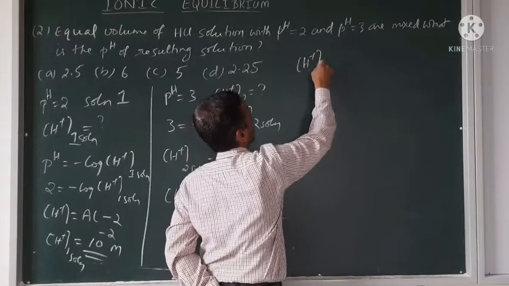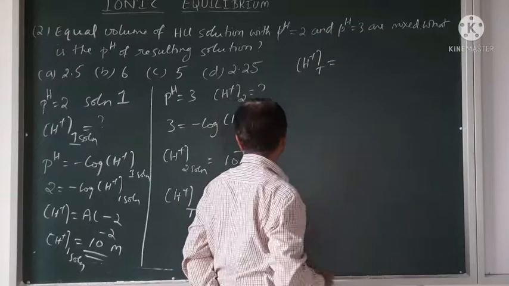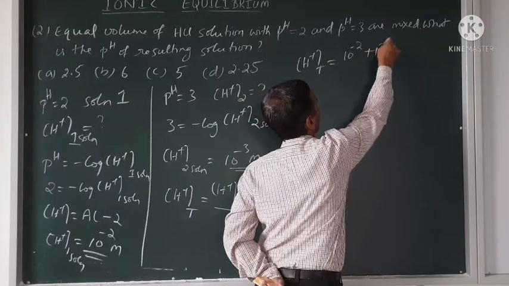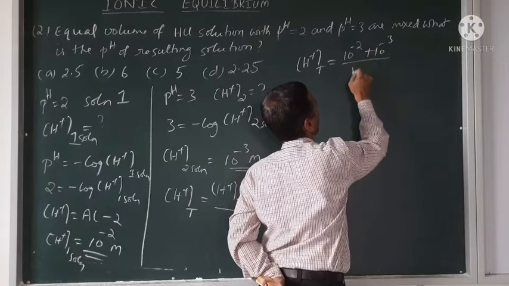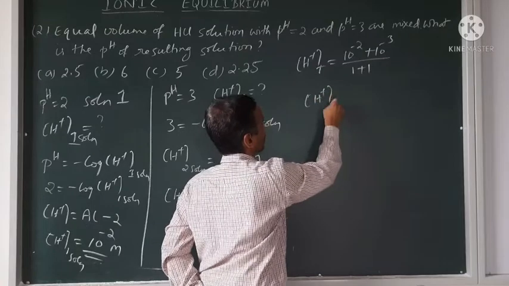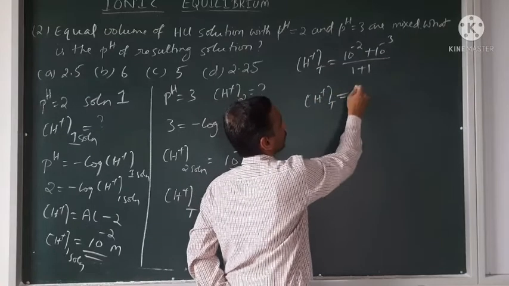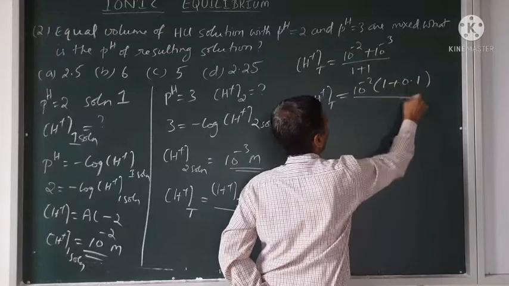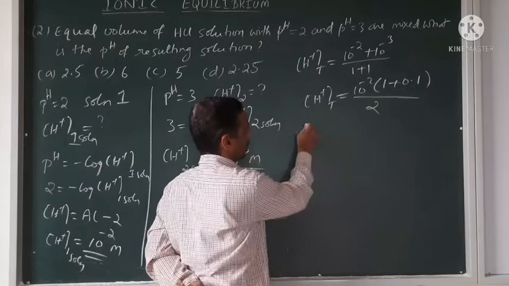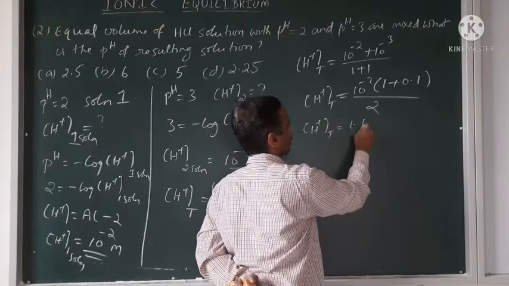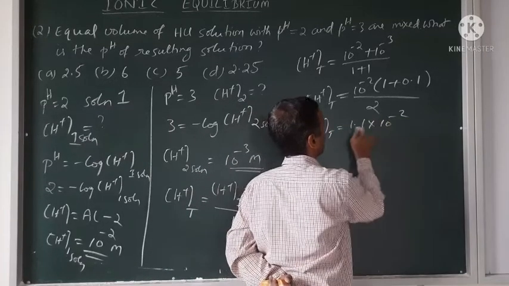H plus concentration total is equal to 10 to the power -2 plus 10 to the power -3 divided by 1 plus 1. H plus concentration total is equal to 10 to the power -2 is common, so 1 plus 0.1 divided by 2. H plus total concentration is equal to 1.1 into 10 to the power -2 divided by 2.